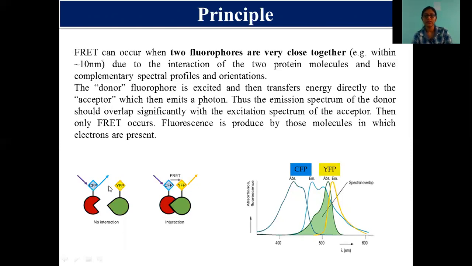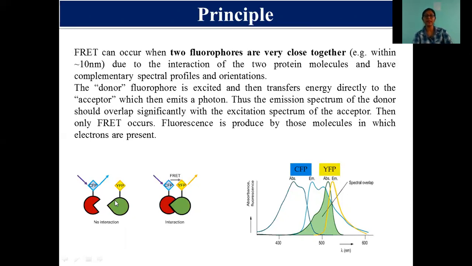So these two fluorescent molecules are used and linked, or labeled, with the different types of protein for which you want to study their protein-protein interaction, what type of interaction takes place between these two proteins. So for example, you choose protein X and protein Y. Protein X is labeled with CFP and protein Y is labeled with YFP.